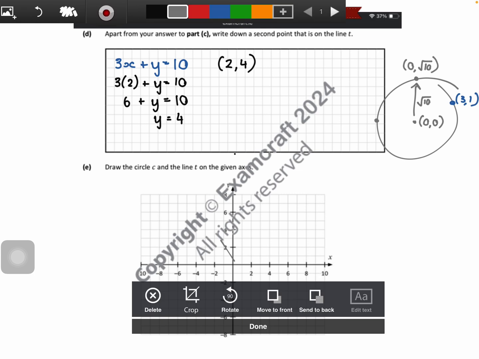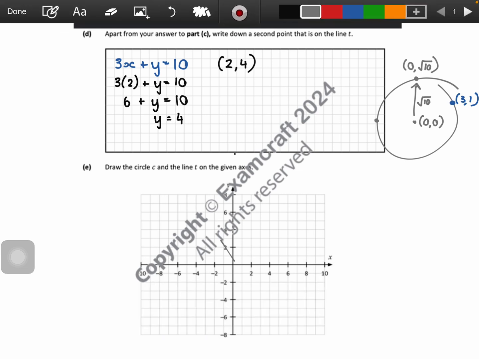Likewise, we could go straight left from the center, so that we're at minus the square root of 10, 0. We could go straight down from the center, so that we're at 0, minus the square root of 10. We could go over here and get the square root of 10, 0.